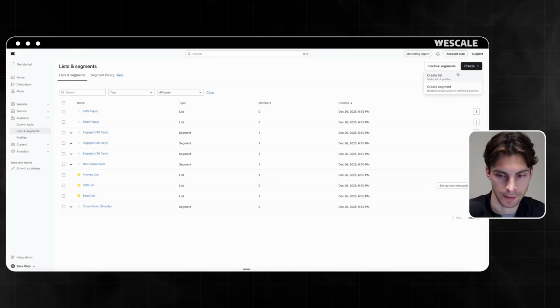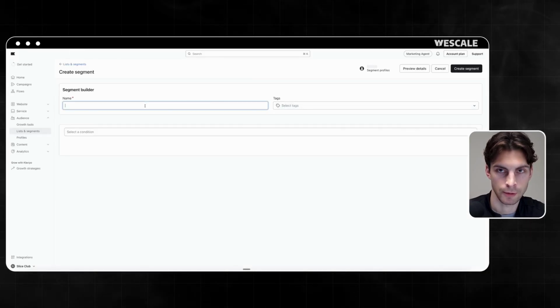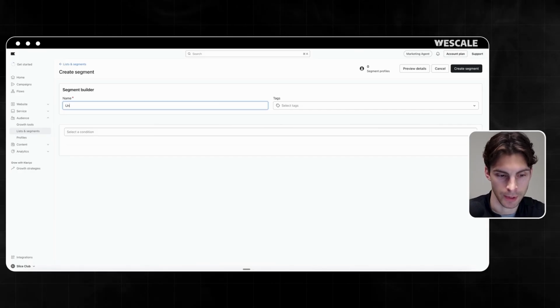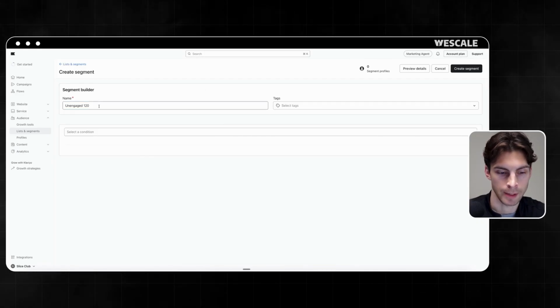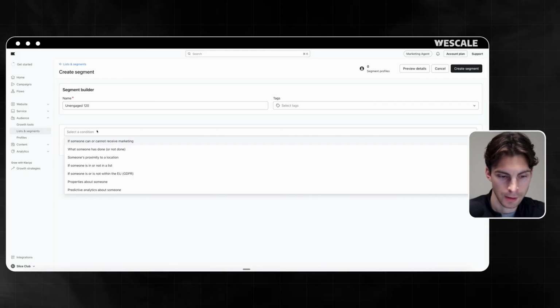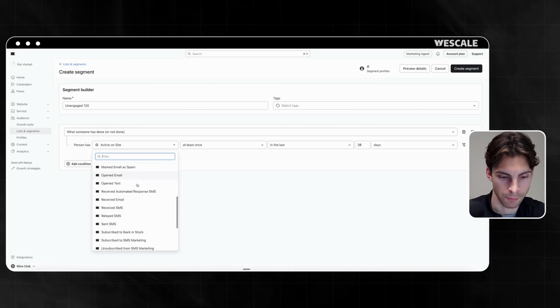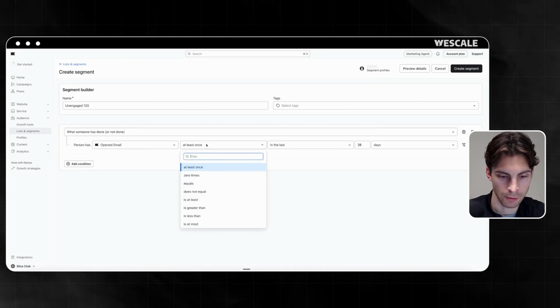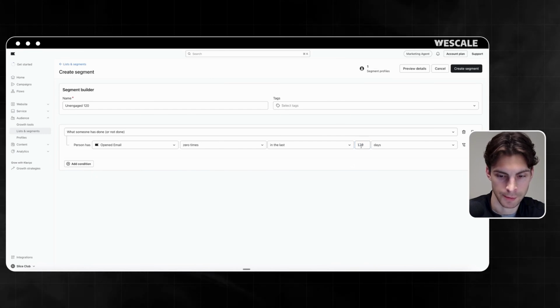So we'll go to create in the top right hand corner, click create segment, and we're going to do the sunset flow here. So it'll be unengaged 120, which means the last 120 days. And then we'll go to select a condition, and we will click what someone has done or not done, and we will go to open email 0 times in the last, and then we want to make sure that we change this to 120 days.